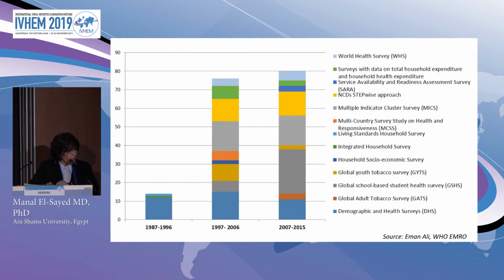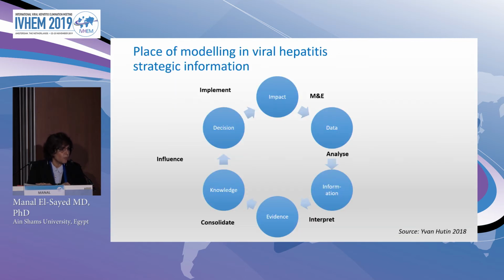This is an example coming from one of the countries that utilized most of its surveys. It's actually Pakistan, and that was presented by WHO. Looking at data from World Health surveys to surveys with data on total household expenditure, even the NCD surveys, multiple indicator cluster surveys, multi-country surveys, integrated household surveys, and many others that could be used to be able to identify the problem.